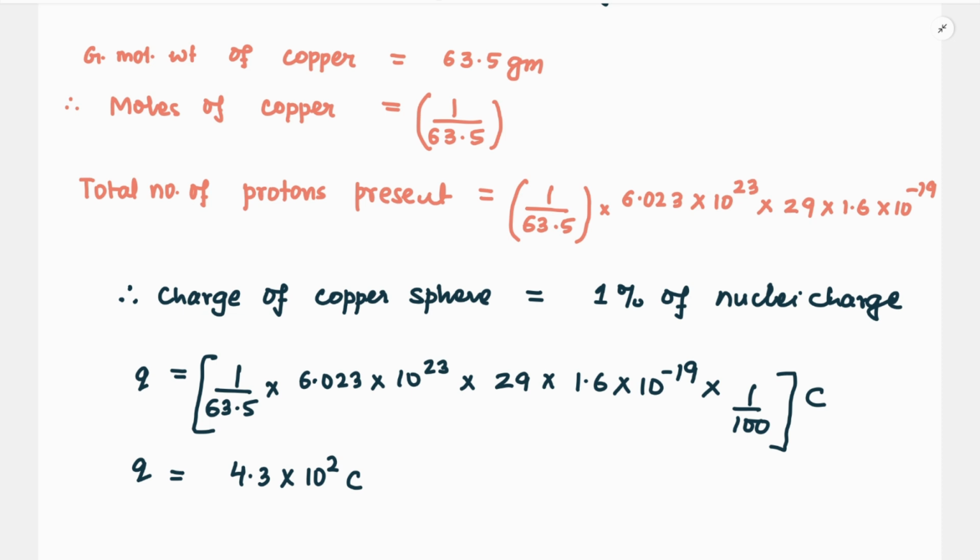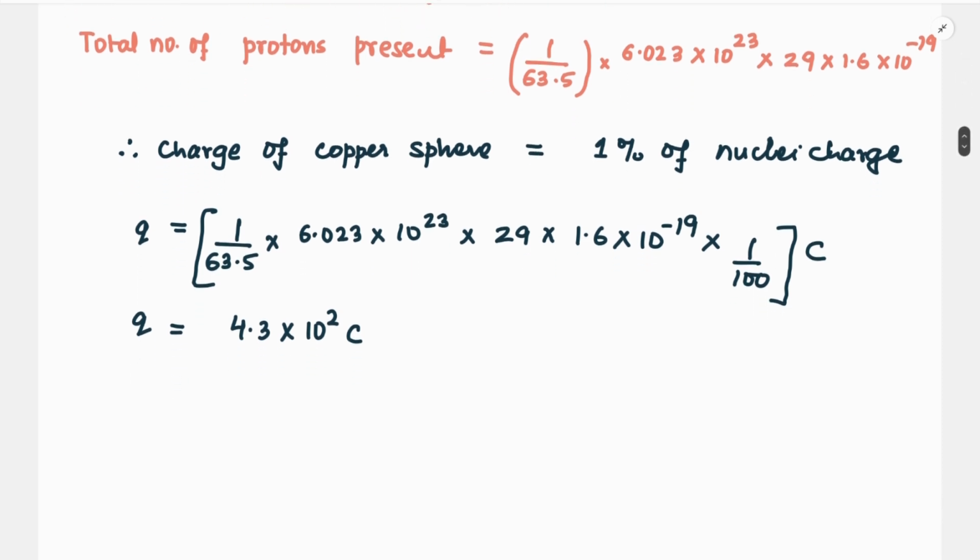Now we calculate the force between these spheres. So using Coulomb's law we can say that the force between the two spheres can be written as 1 by 4 pi epsilon naught, q square by r square.